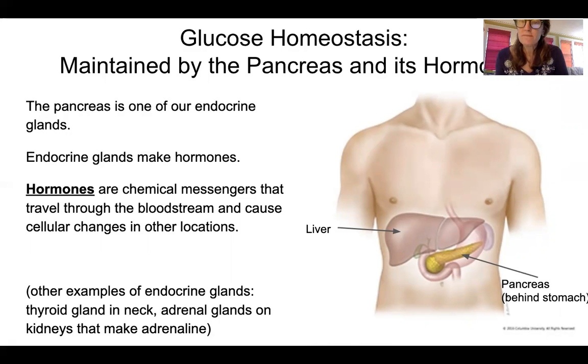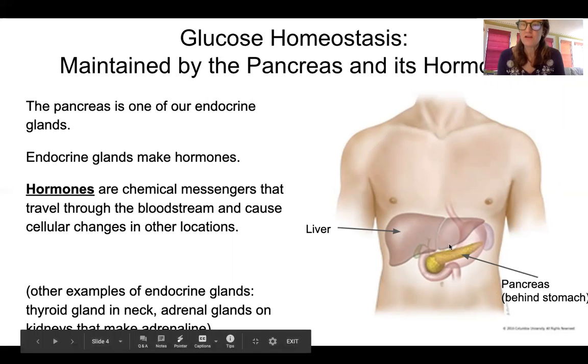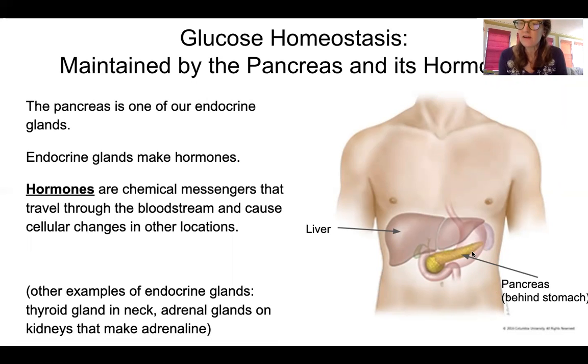We have ovaries and testes, which maintain reproductive functioning by making our sexual hormones. And we have the pancreas here, which is the one we'll talk about. It lies behind the stomach on the left side of the abdomen, and it makes two hormones, insulin and glucagon, which we'll talk more about.